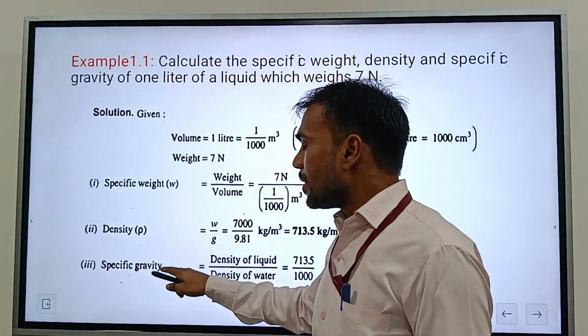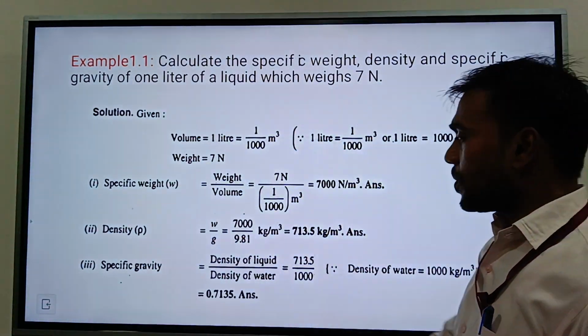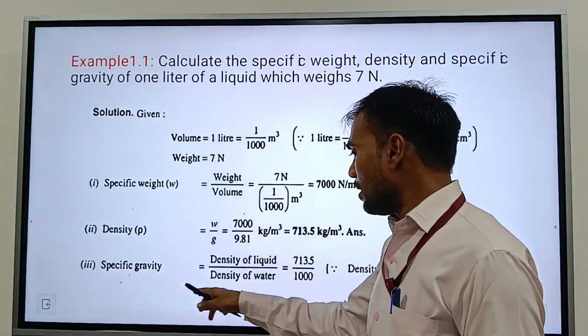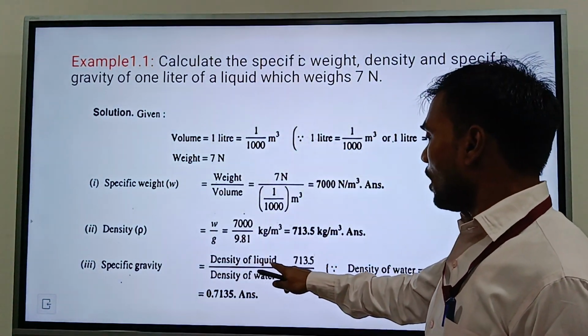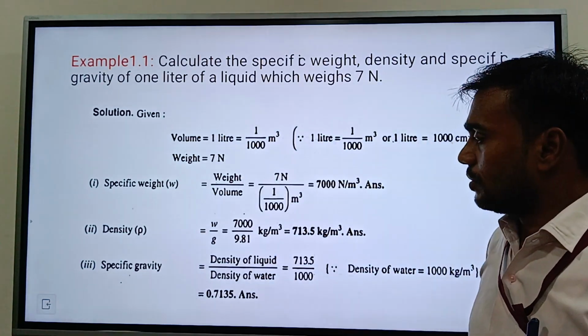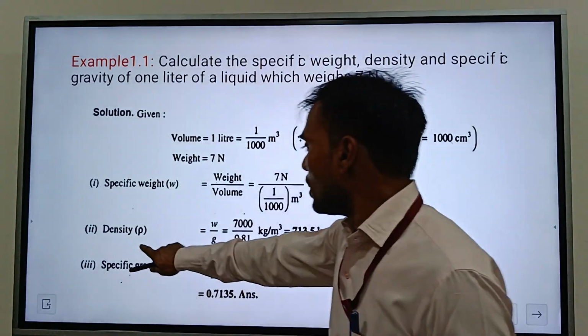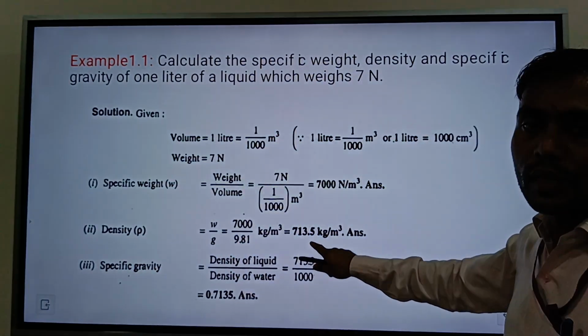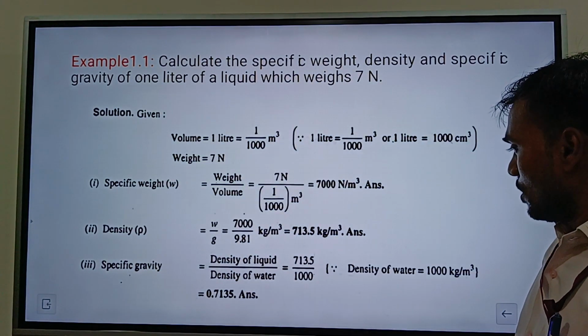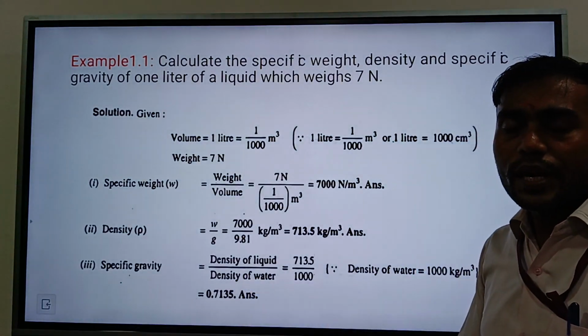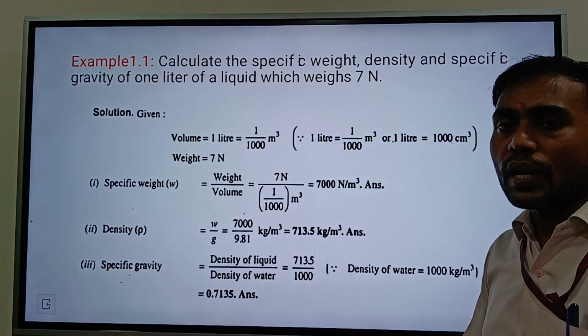Now the specific gravity. Specific gravity is earlier defined as density of liquid divided by density of water. So density of liquid is already calculated, that is 713.5 kilogram per meter cube, and density of water is the standard value, 1000 kilogram per meter cube.